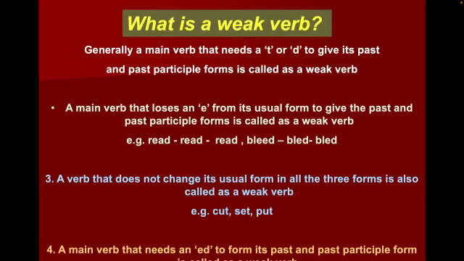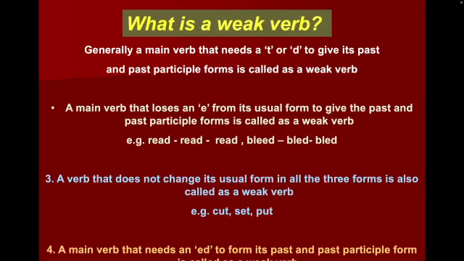They're a weaker verb. And lastly, a main verb that needs an ED to form its past and past participle form is also going to be a weak verb. You're really not changing the verb again. All you're doing is adding an ED. For example, your present tense verb of walk. You're sticking an ED on the end for its past tense, and it becomes walked. And then you're going to have has or had walked.